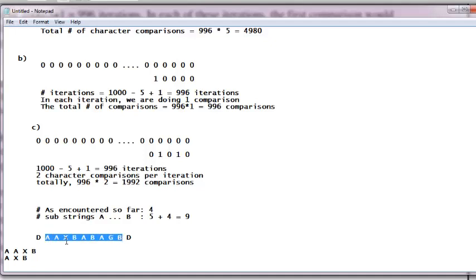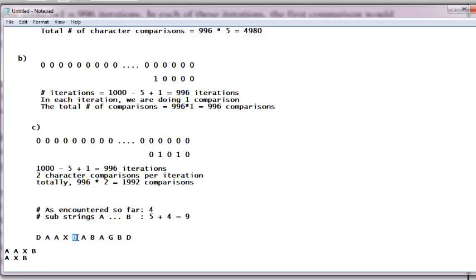This is 1, this is 1, this is the third one, and this is the fourth one, right? So for this B, you have 4 substrings starting with different A's and ending with this B. Like that, you had 3 for this and then 2 for this.